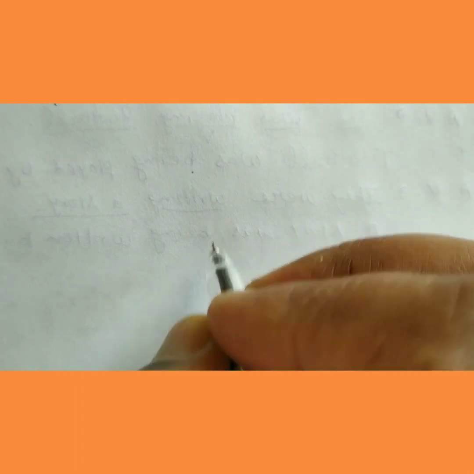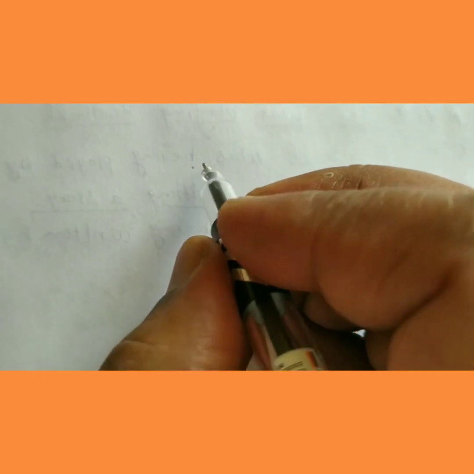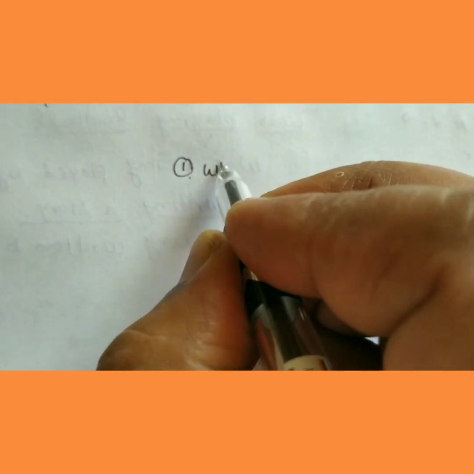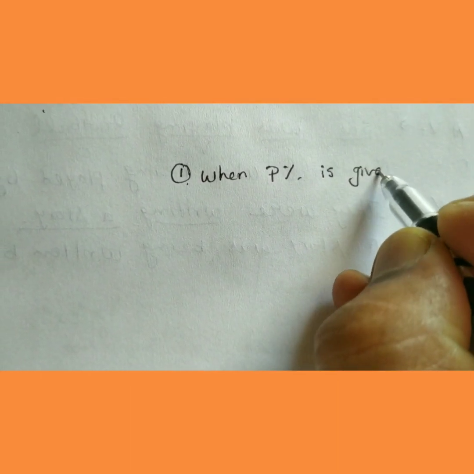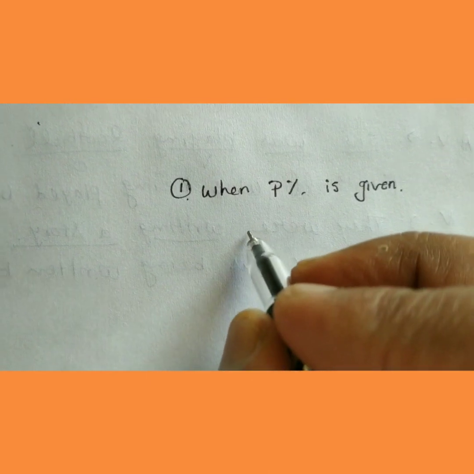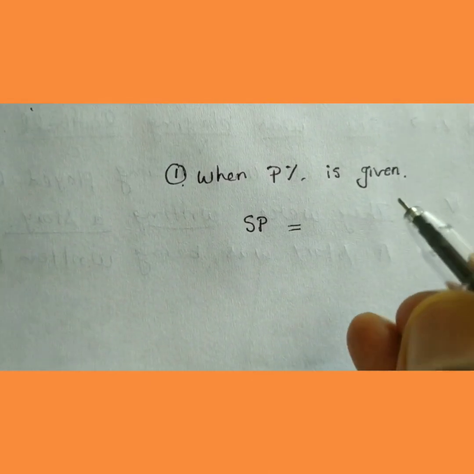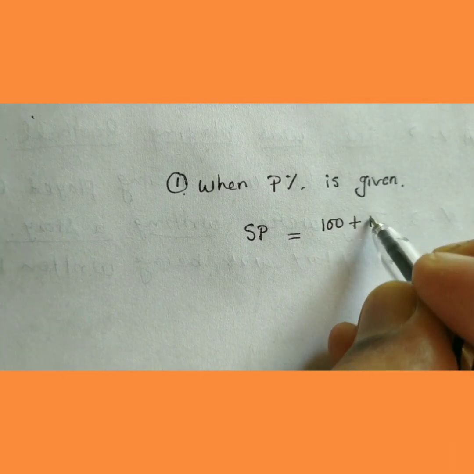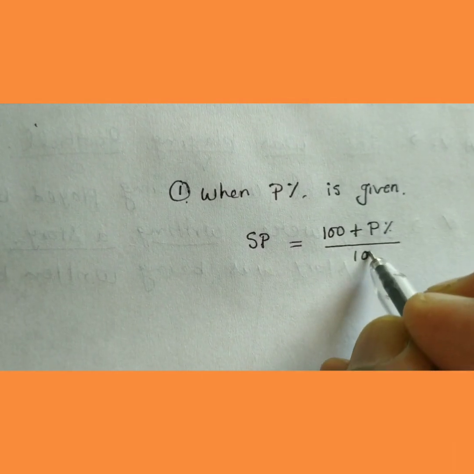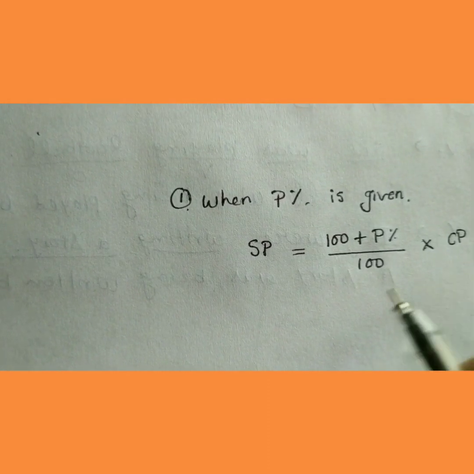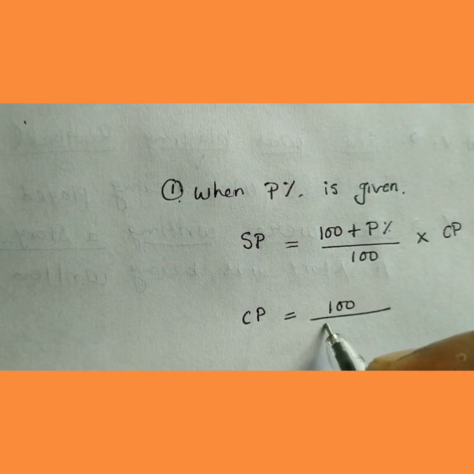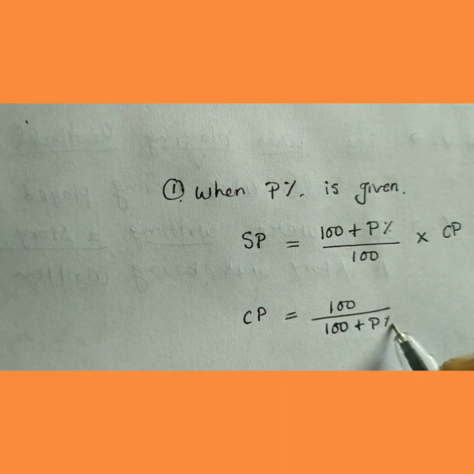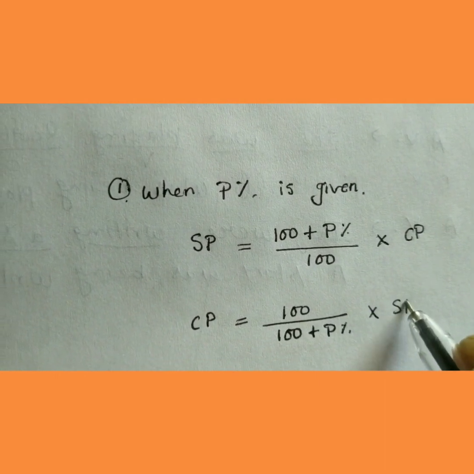Now, how to find selling price or cost price when profit percent or loss percent is given? Suppose profit percent is given. When profit is given in percent, then we have selling price is equal to 100 plus profit percent divided by 100 multiply cost price, and cost price is equal to 100 divided by 100 plus profit percent multiply selling price.